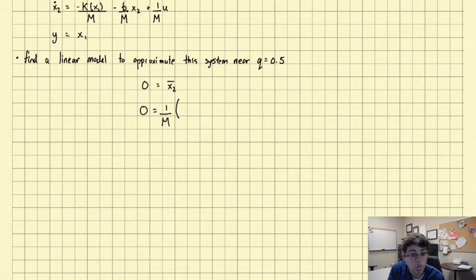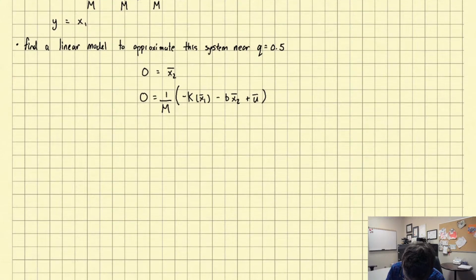Let me factor out that 1 over m term. And remember that the desired output is 0.5. So, okay, solve this equation to get the equilibrium configuration. And for this case, it's actually quite easy.